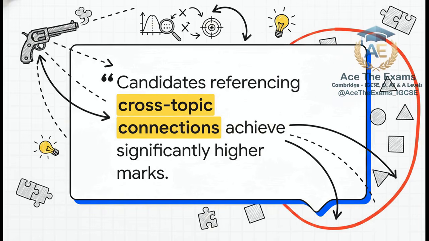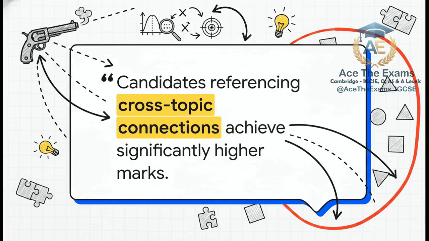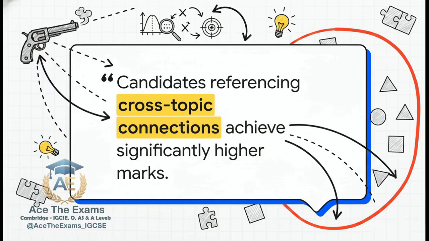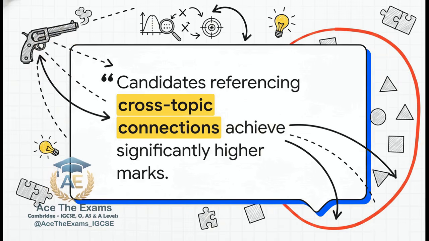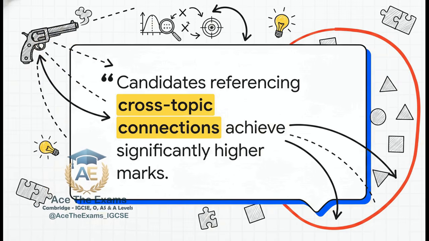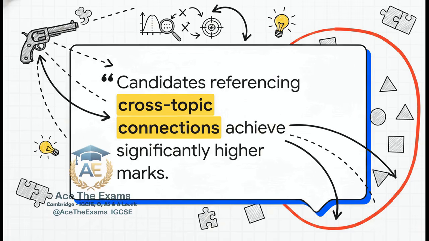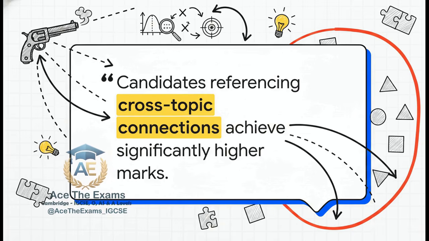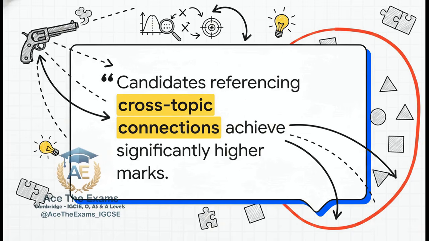Candidates referencing cross-topic connections achieve significantly higher marks. Isolating concepts is a fatal error in your exam strategy. Seriously, if you try to solve a sampling problem without integrating your knowledge of the normal distribution or standard error, your entire argument is going to fall apart. The examiners are explicitly telling us that the most successful candidates are the ones who can link different parts of the crime scene together.